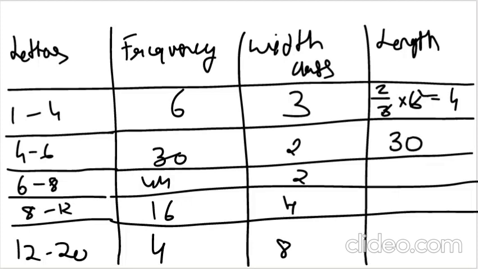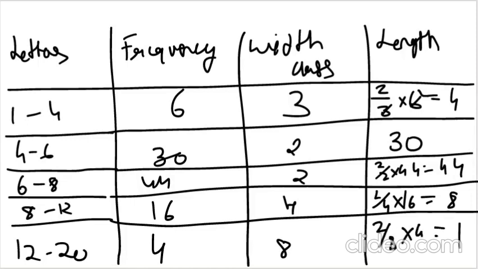Next, 2 by 2 into 44 is 44. Then 2 by 4 into 16 is 8. Then 2 by 8 into 4 is 1. So we have the length and width, and with these we can draw the histogram.